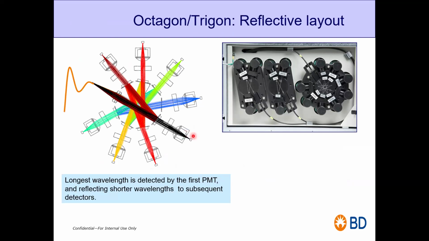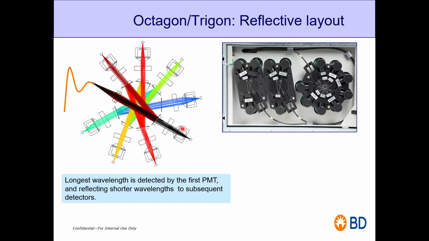This is a patented technology which BD uses. No other machine uses that. That's why BD still uses PMTs, because some people from other companies say they are using the best detectors, the APD detectors.